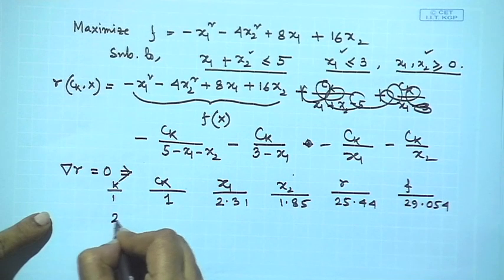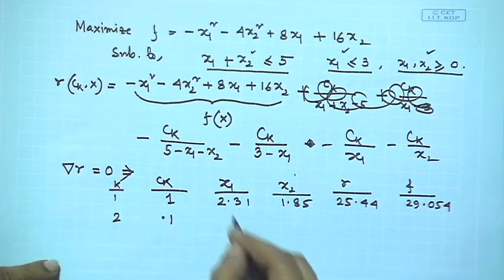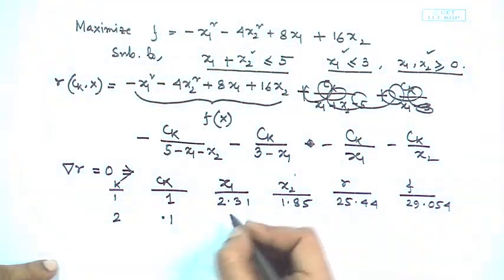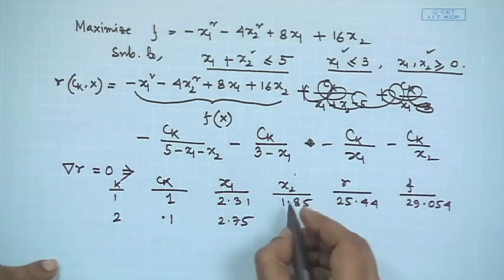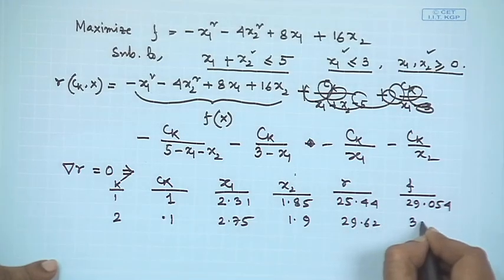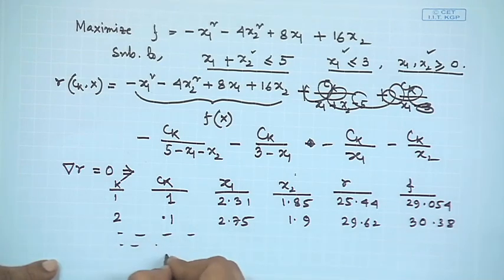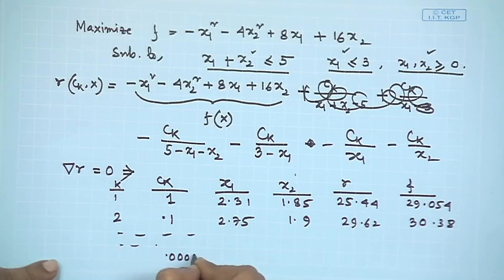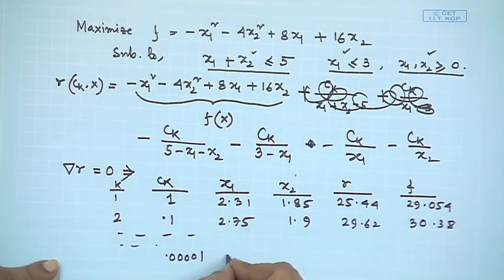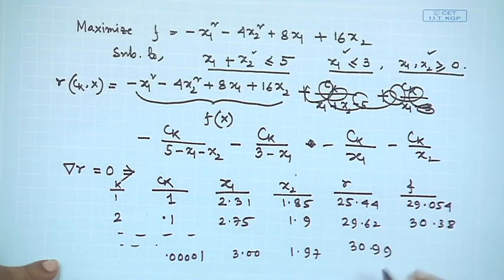Similarly, if we go to the next iteration, k equal to 2, and by considering ck tending to 0, we get 2.75, 1.9, 29.62 and 30.398. If we do all the iterations for different values, for the lower values of ck, we will get 3.00, 1.97, 30.99 and 30.996.